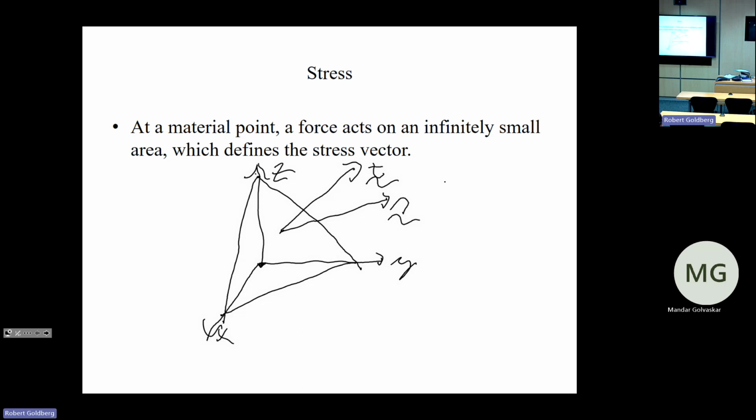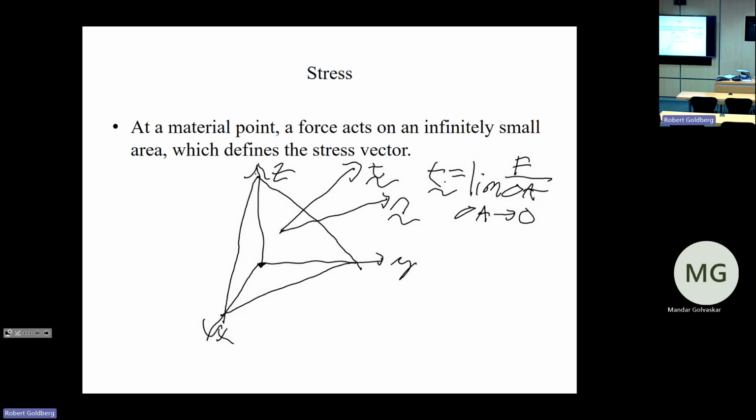We'll have the traction vector, but originally think of it as a force, and we'll define this traction vector as being equal to the limit of the force divided by the size of this differential area, as the size of this differential area goes to 0.